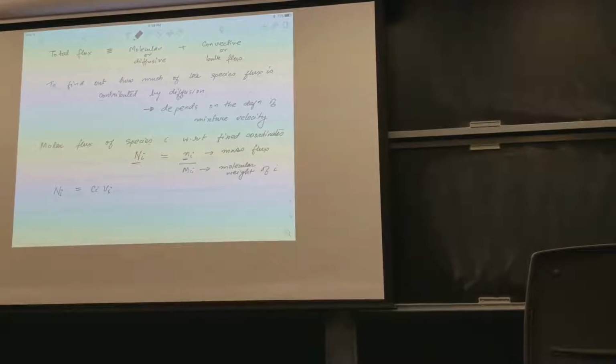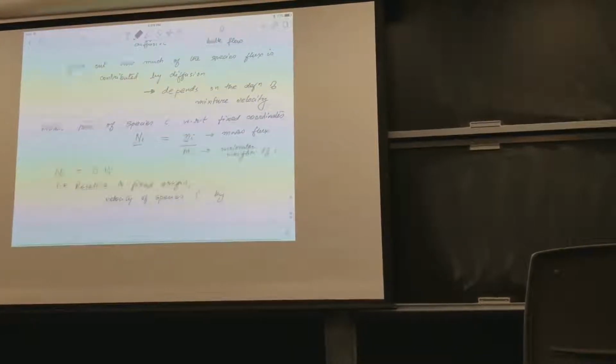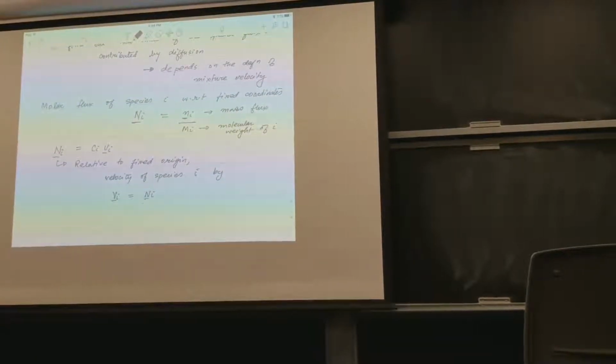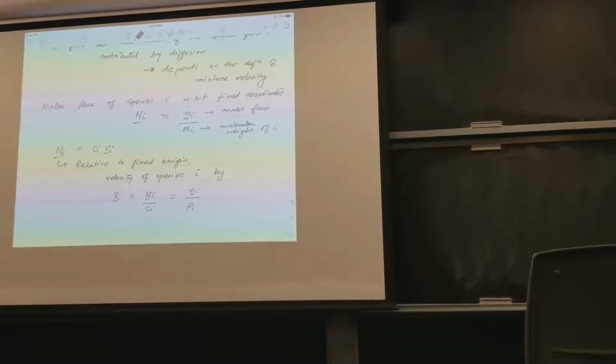In fact, relative to a fixed origin, you can define the velocity of species i by vi equal to Ni divided by Ci, or small ni divided by rho i.